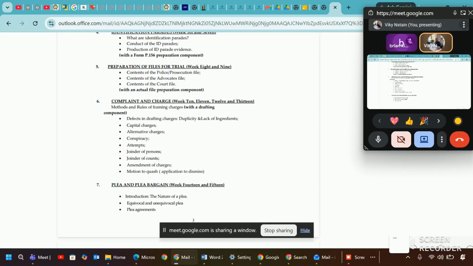The following provisions shall apply to all charges and informations, and notwithstanding any rule of law or practice, a charge or information shall, subject to this Code, not be open to objection in respect of its form or contents if it is framed in accordance with this Code. One, mode in which offences are to be charged: a count of a charge or information shall commence with the statement of the offence charged, also called the statement of offence.